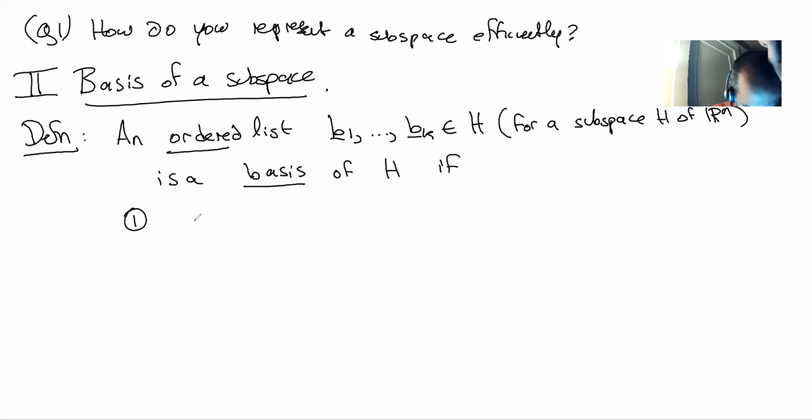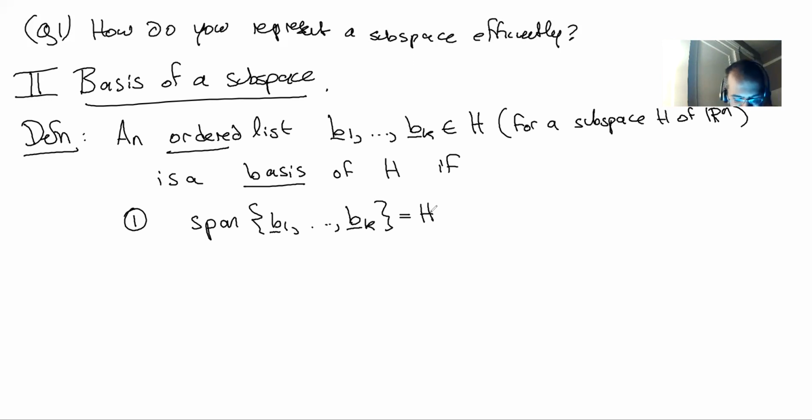The first one is that the span of the vectors is equal to H. That unambiguously specifies H.